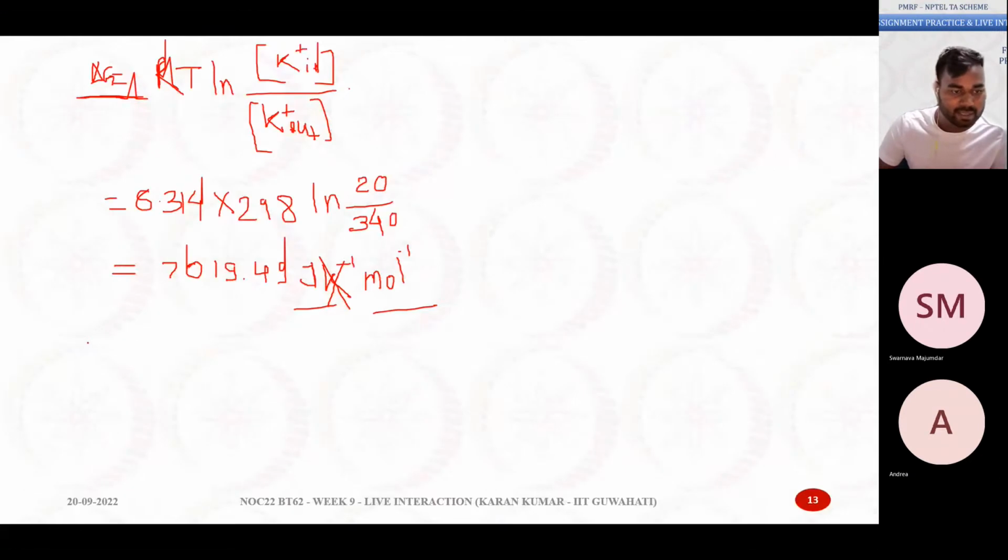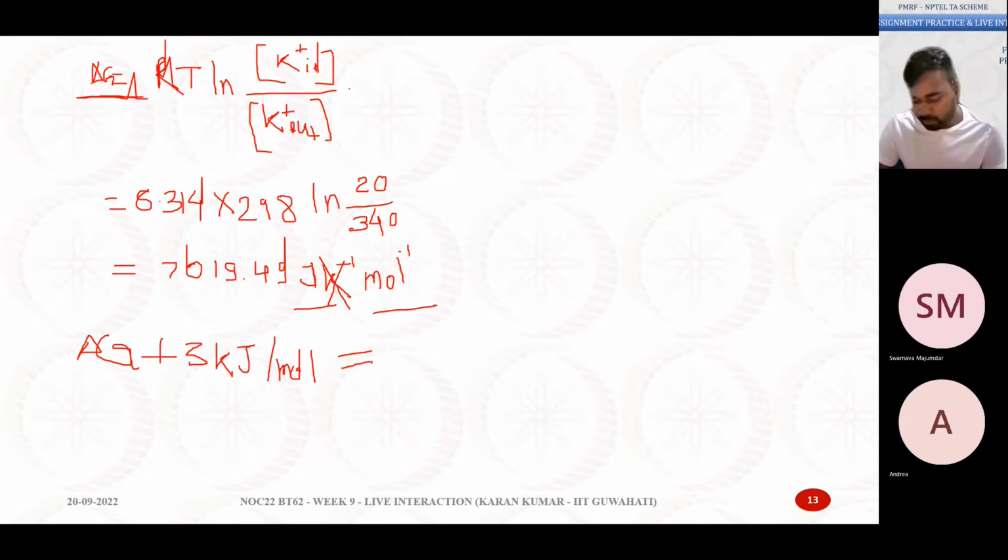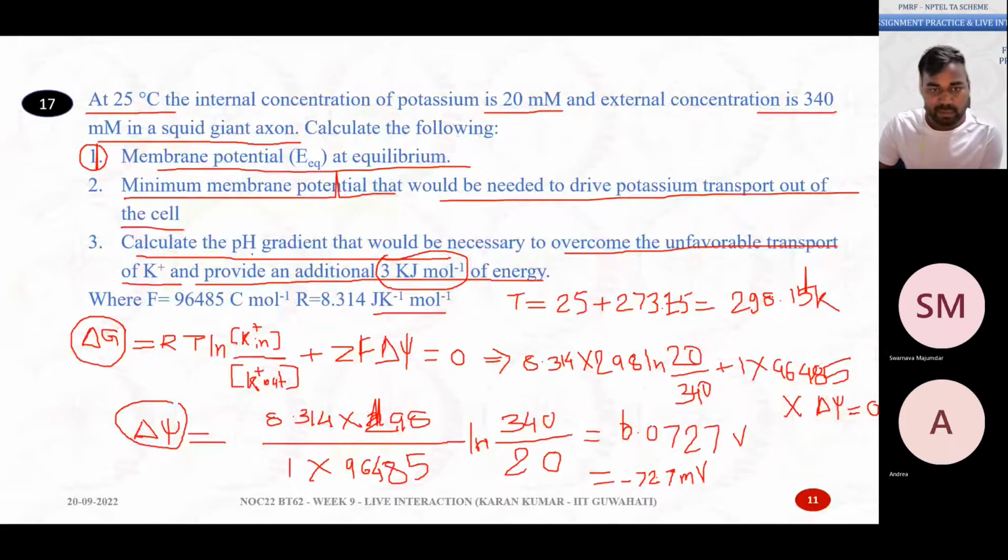The extra energy will be delta G plus 3 kilojoule per mole, and that will be equal to your proton gradient. Your question is to calculate the pH gradient.